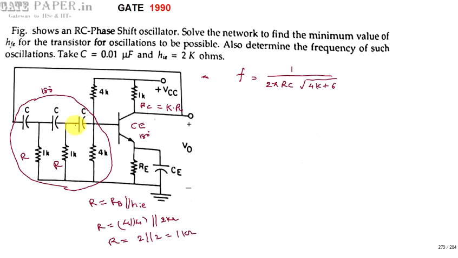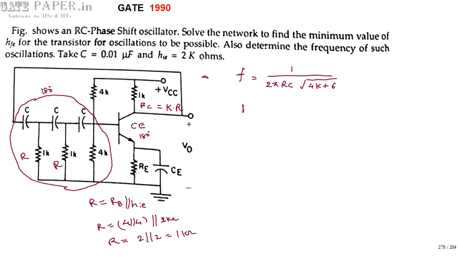If R and C are interchanged, the square root of 4K plus 6 will appear in the numerator. So this equation is only for this network, the network consisting of 3 stages of RC high pass filter, remember that. If the feedback network consists of 3 low pass filters, the square root of 4K plus 6 will appear in the numerator.